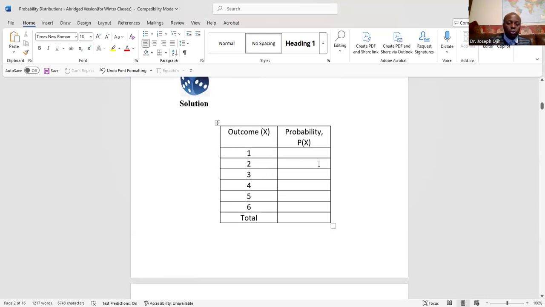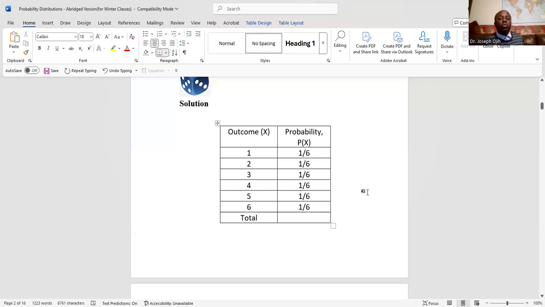So in this case, for the 1 to show up, the required probability is 1 out of 6 chances. For 2, same thing. For 3, it is the same thing. For 4, they all have 1 out of 6 chances. 1 out of 6 chances is the required corresponding probability.